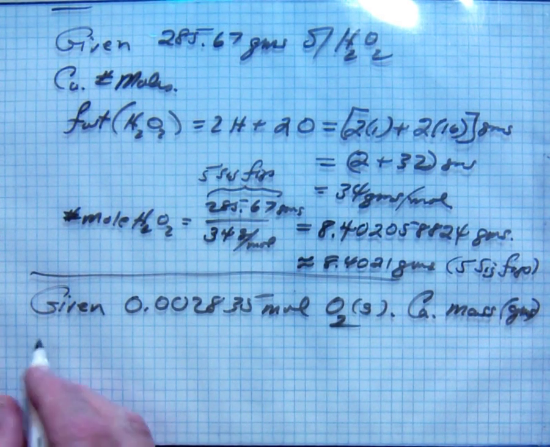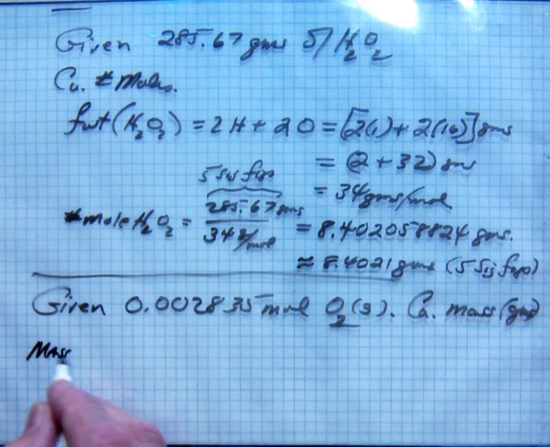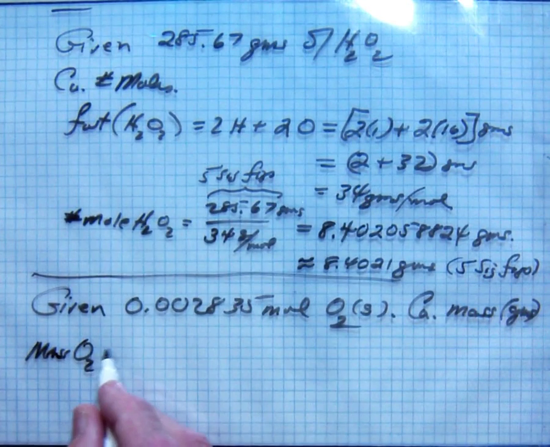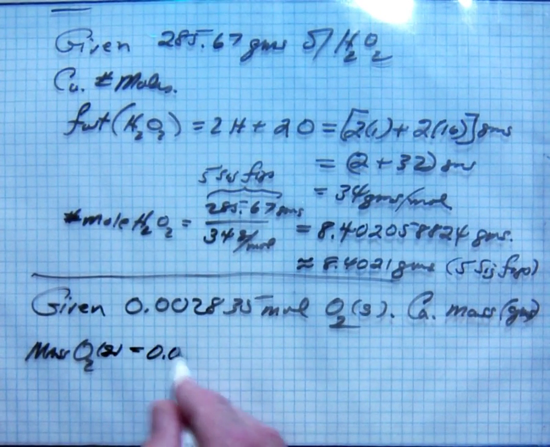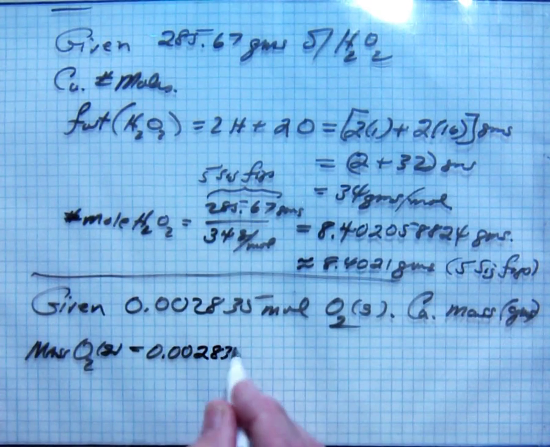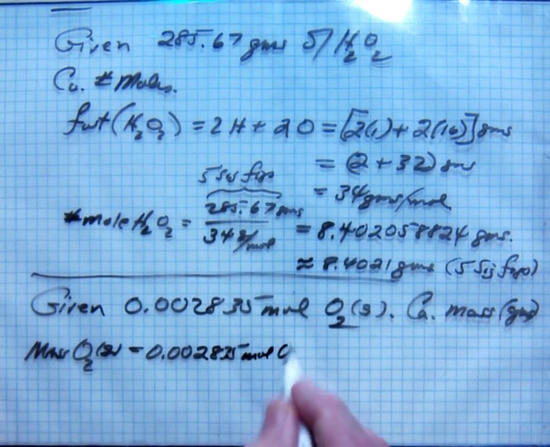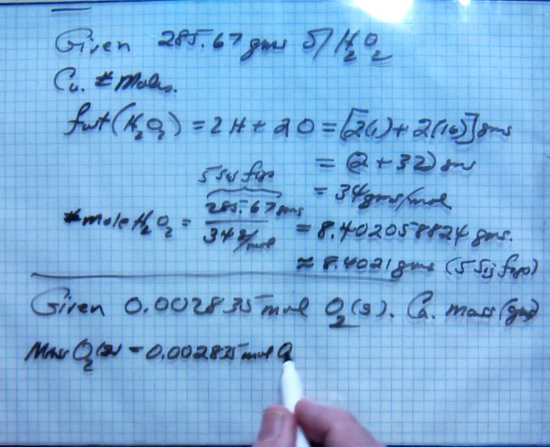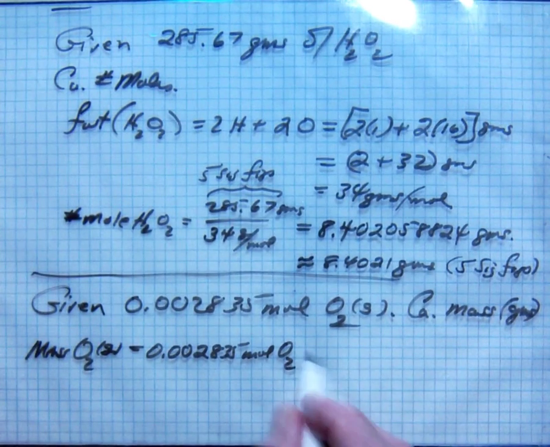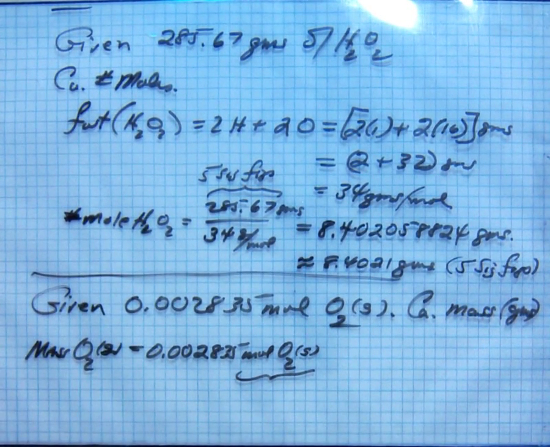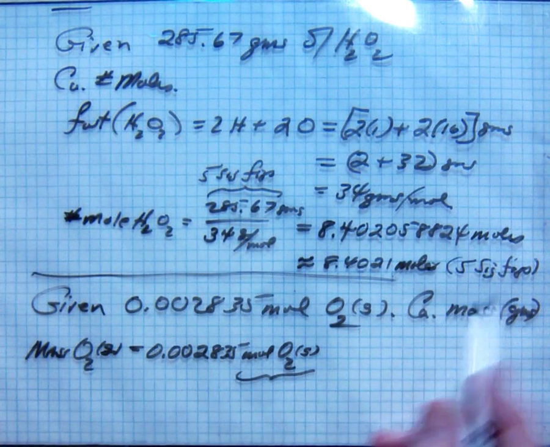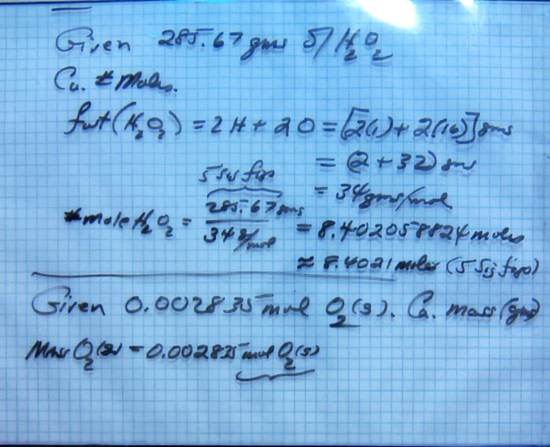So we have mass of O2 gas is equal to 0.002835 mole O2. This unit consists of moles O2 gas. That entire part is your unit. So you want to keep that in.